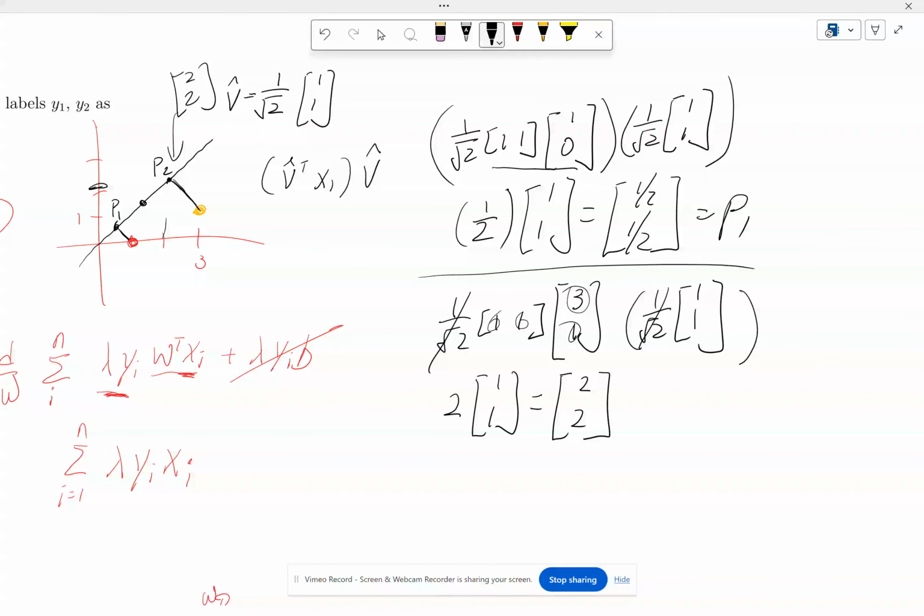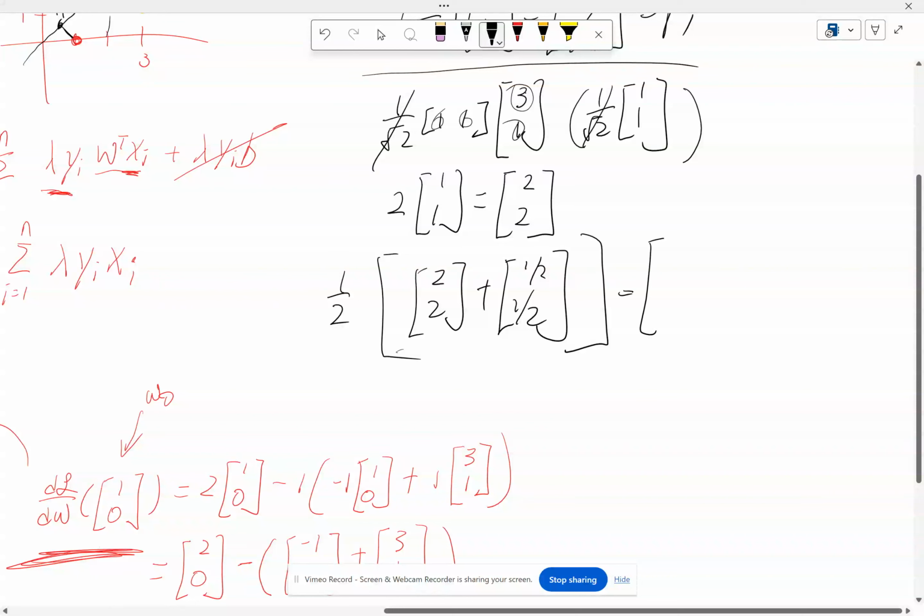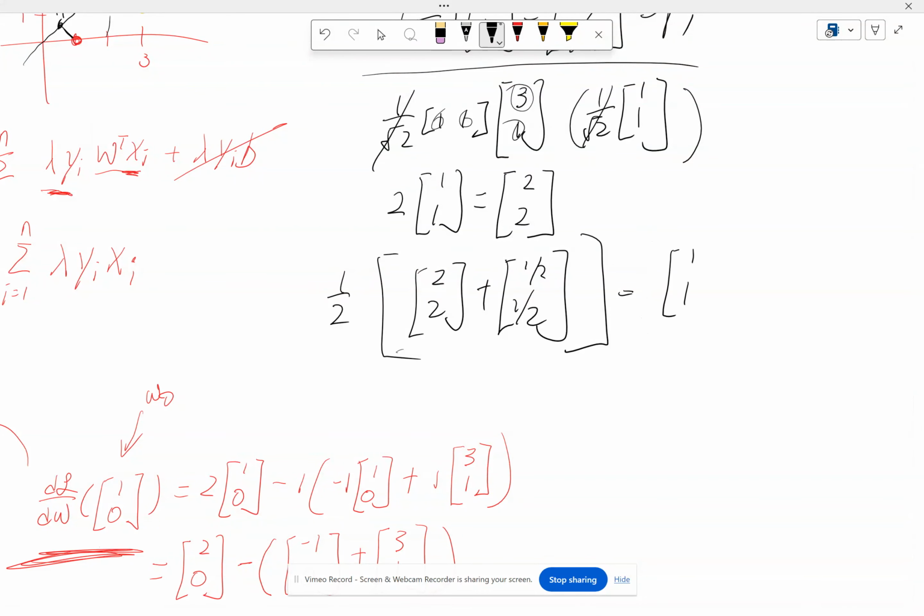All right, so we have 1/2, 1/2, and 2, 2. We just need to find the center. What is the center? The center is 2, 2 plus 1/2, 1/2, you add them and divide by 2. So this would be equal to 1, 1 plus 1/4, 1/4, which is equal to 5/4, 5/4, 1 1/4.